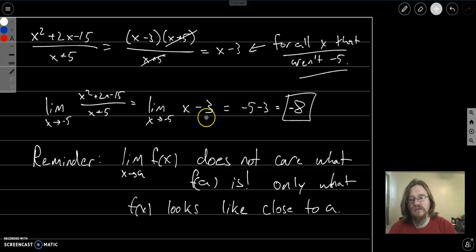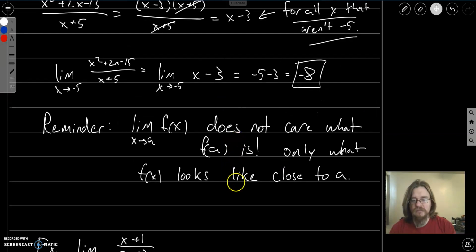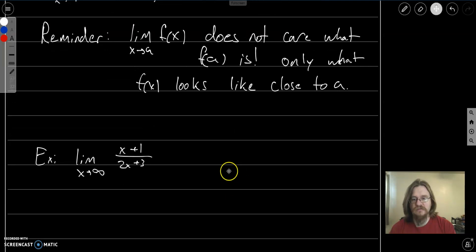We might jump to another value before continuing on. It doesn't matter what happens at a exactly. The limit only cares about what f of x looks like as it gets close to a.